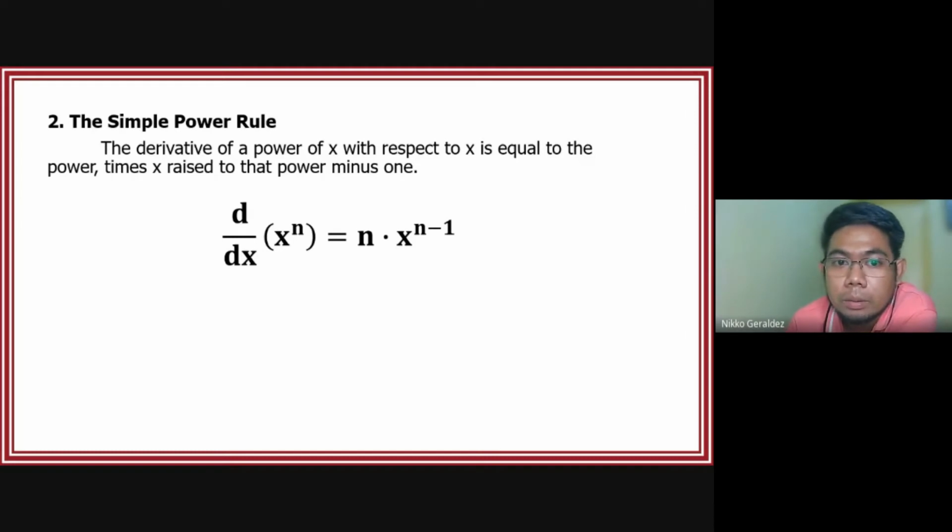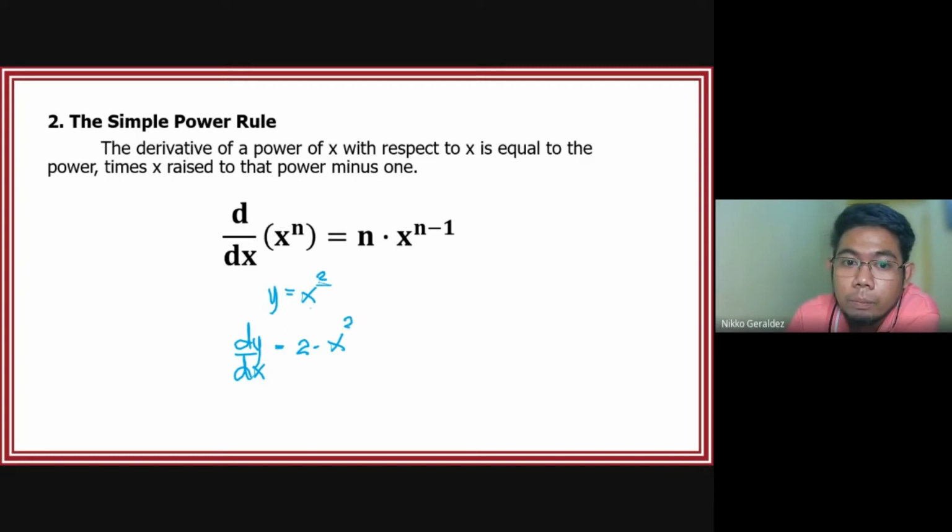For example, we have the function y is equal to x squared. You have a base x and an exponent 2. When you take the derivative, derivative of y with respect to x is equal to, you just copy the exponent, so that is 2 times x, copy the base, then subtract 1 from the exponent.